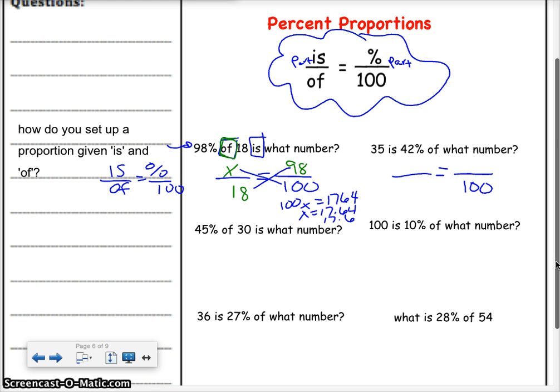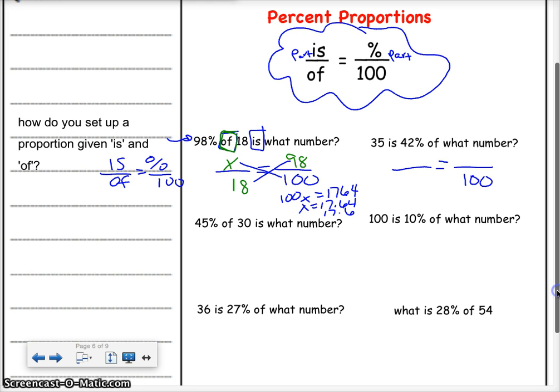Before I even read the next one, I made my template. I know it's going to be some kind of proportion because I have percent. So, 35 is 42% of what number? What I do is go on that vocab hunt. My first vocab word is is, and there are two numbers sticking to the is, 35 and 42%. Well, the 42 is already claimed because the percent is sticking to it. So 42 goes to the percent.